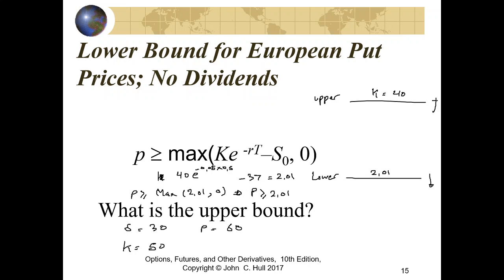If the price in the previous example is above 40 or below 2.01, then there is an arbitrage. At any price in between, we cannot say that there is an arbitrage, at least learning that these are the lower and upper bound conditions.